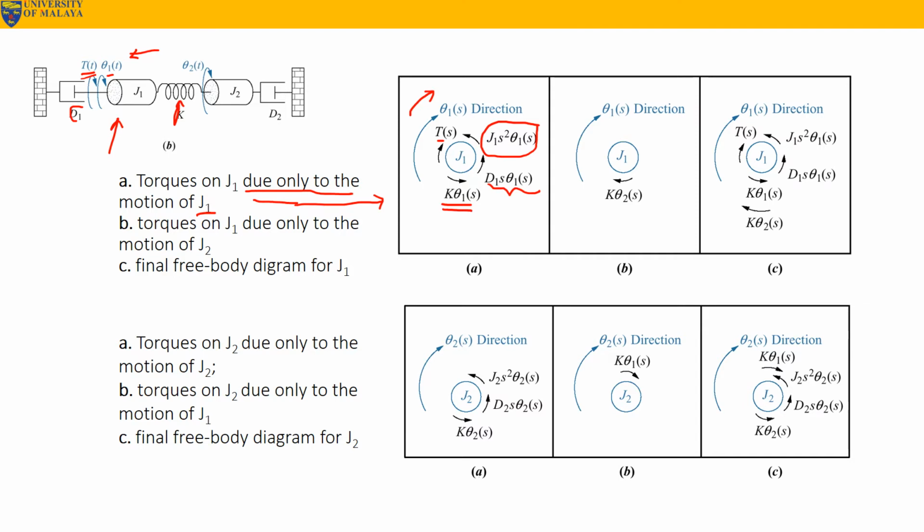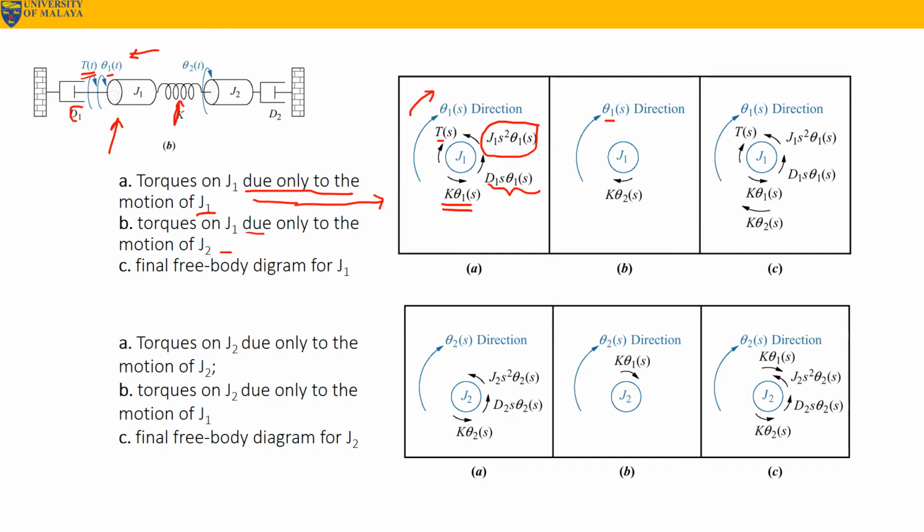For figure B, again, assume that only J2 is moving. Now J2 is moving, but J1 is stationary. What would be the impedance or torque acting on J1 only due to the motion of J2, with the same positive theta1 direction? Try to imagine in our head J2 moving in the positive theta2 direction.